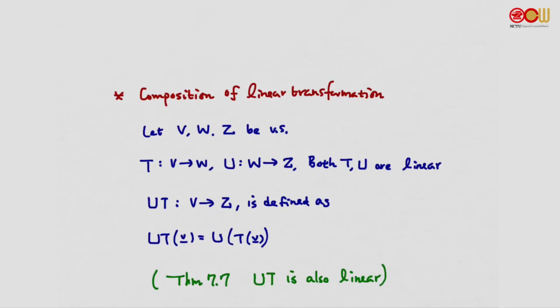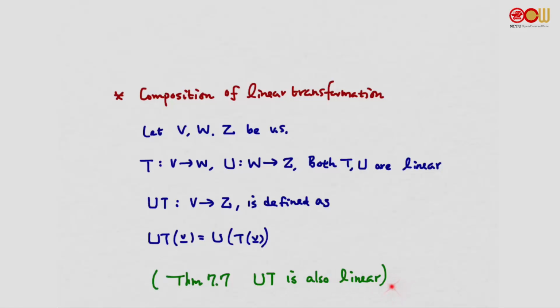Theorem 7.7 says that if T and U are both linear, the composition of the two linear transformations is also linear.